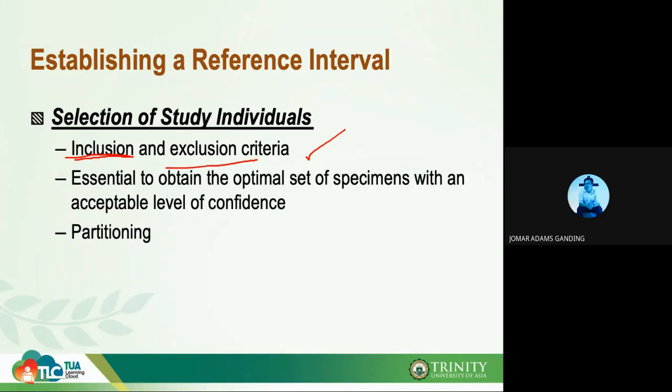Again, let me go back to my example. Take for example, we are establishing a reference range for glucose. What you need to do is include patients that are only healthy. Meaning to say, you will not be including in your study patients that have diabetes, or hypoglycemia, or abnormally low glucose.